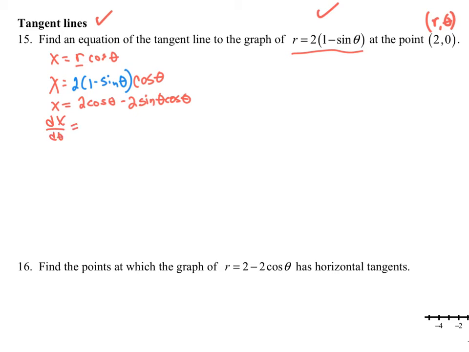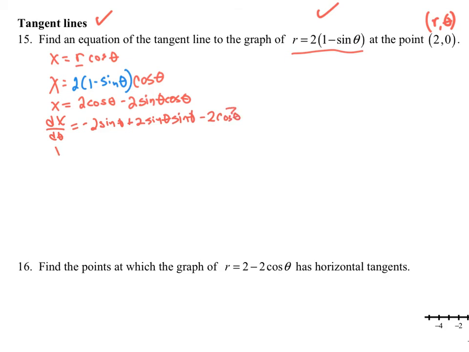So if I go dx/d theta, and then I take the derivative of the cosine, negative sine, so it's negative 2 sine of theta. And then here I've got to do a product rule. So this is going to be minus 2 first times the derivative of the second, so it's going to be plus 2 sine of theta, and then I'm going to get minus 2 second times the derivative of the first, so it's going to be cosine, which is just that.